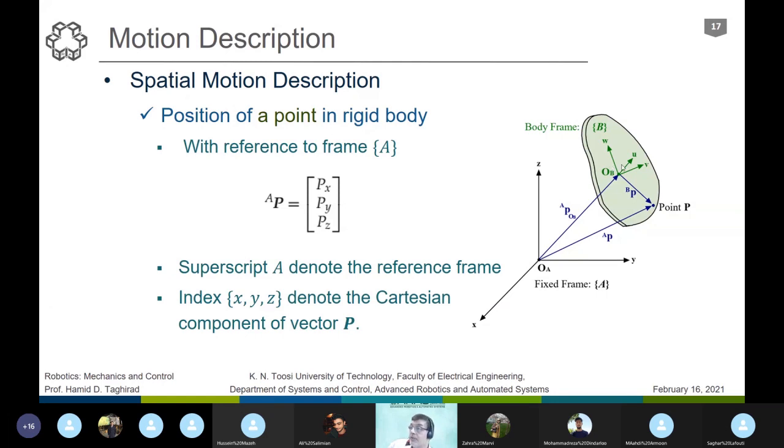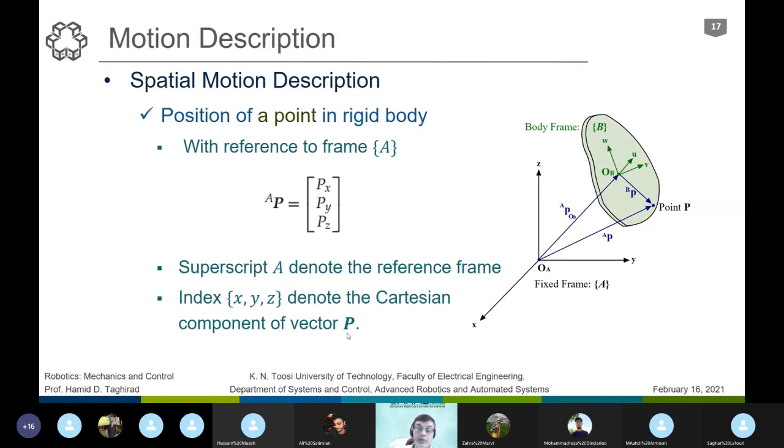Usually this is fixed, because if you move it in space, this point is not moving with respect to frame B. So we can have P with respect to frame B quite different in terms of the components, but both represent a position. One is a relative position and the other is an absolute position. The one that is important for us is the absolute position.